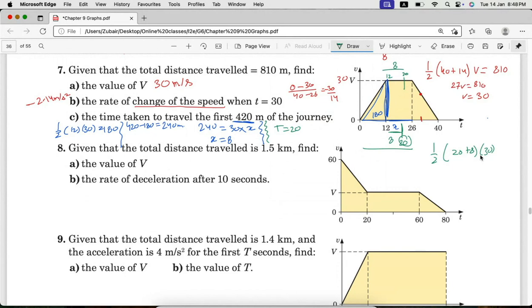Ali, meanwhile, I'm using this 25 to quickly check what the area is. Ali, with the 25, I'm getting 2100. I should get 1500. Yes, sir. Yes, I think I did it wrong.